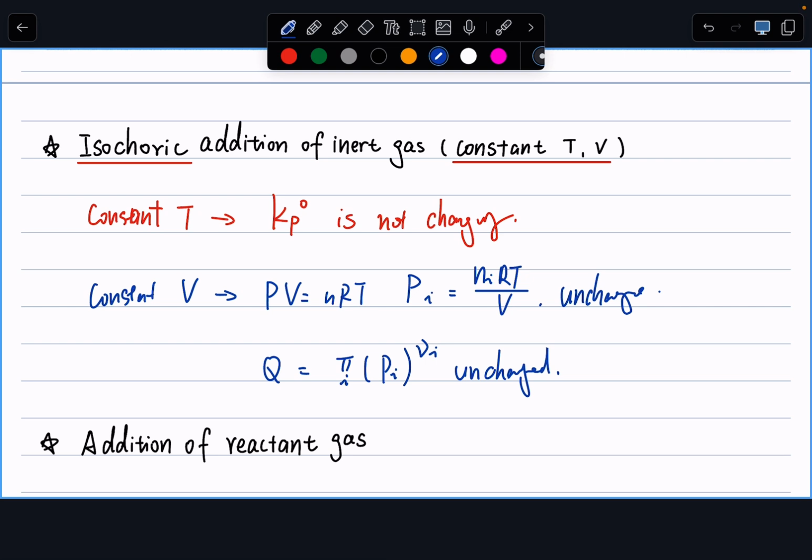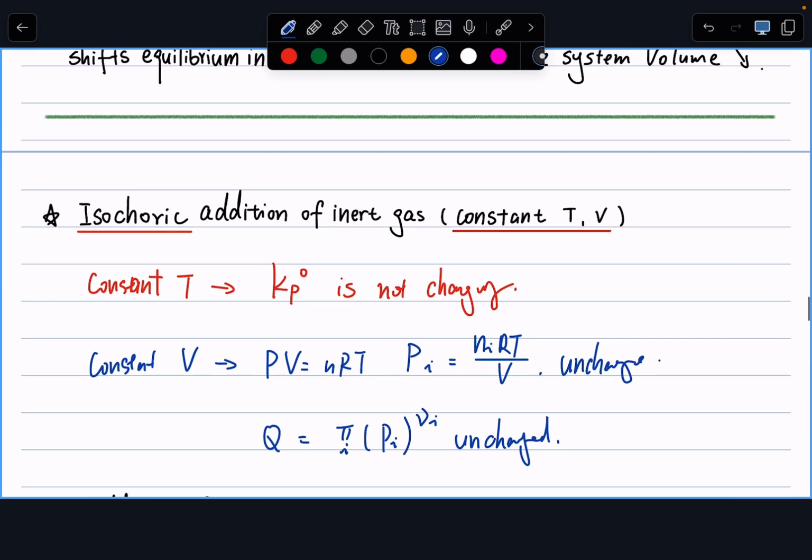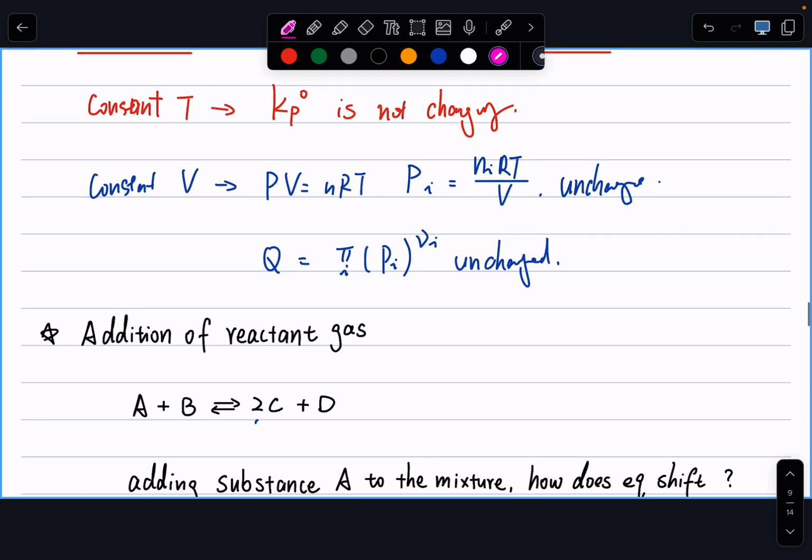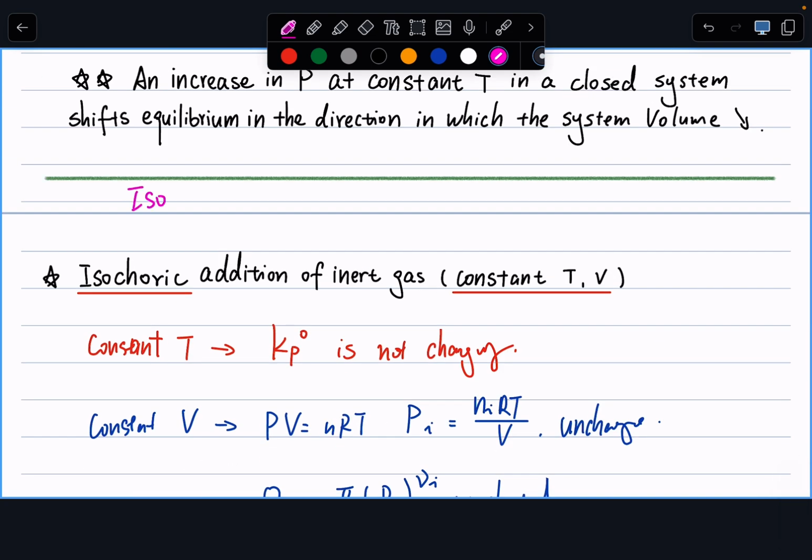Right. Now I want you to think about one more thing. What if we're talking about the isobaric addition of inert gas? So constant T and P. Right, so for the isobaric addition of inert gas, my temperature is not changing, so Kp is still not changing.